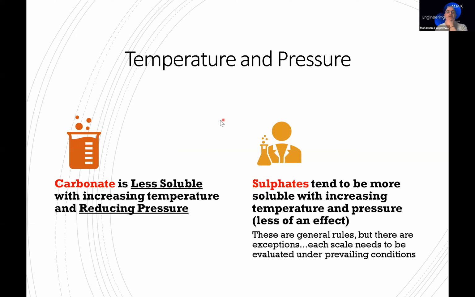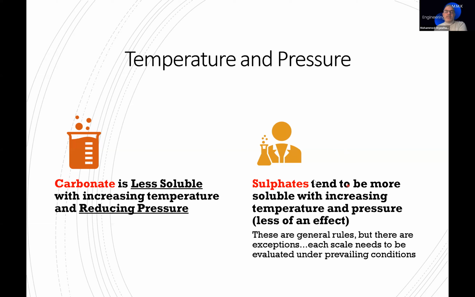Temperature and pressure are major factors in scale deposition. Carbonate is less soluble with increasing temperature and reducing pressure. So we may have carbonate because temperature is increasing and the pressure is decreasing. Sulfates tend to be more soluble with increasing temperature and pressure, with less of an effect.